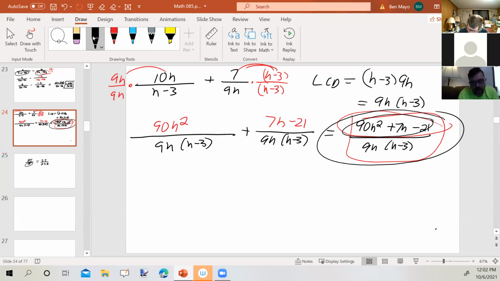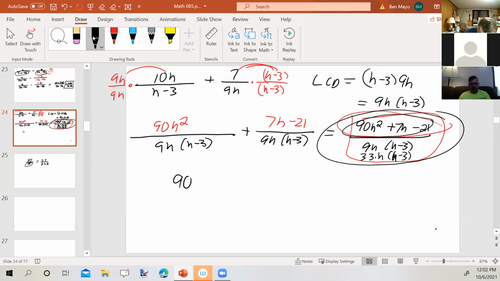Well, this is 3 times 3 times h minus 3. 3 doesn't go into the 90h squared plus 7h minus 21 evenly. You can't factor 3 out. You can't factor an h out of any of them either. So the question is, can you factor out an h minus 3?